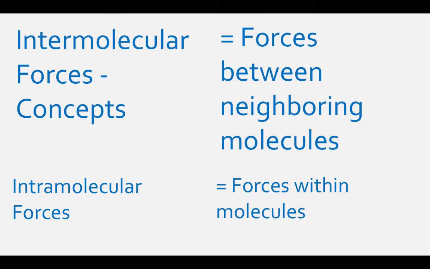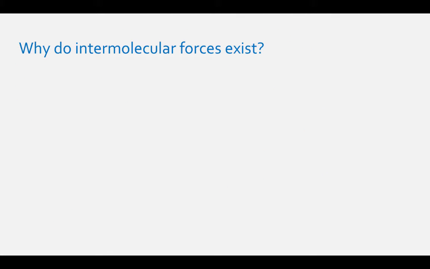First, why do intermolecular forces exist? The reason is because opposite charges attract, which can be quantified in Coulomb's law. Coulomb's law states that the force between particles is a product of a constant times the charges of the two particles divided by the radius squared.